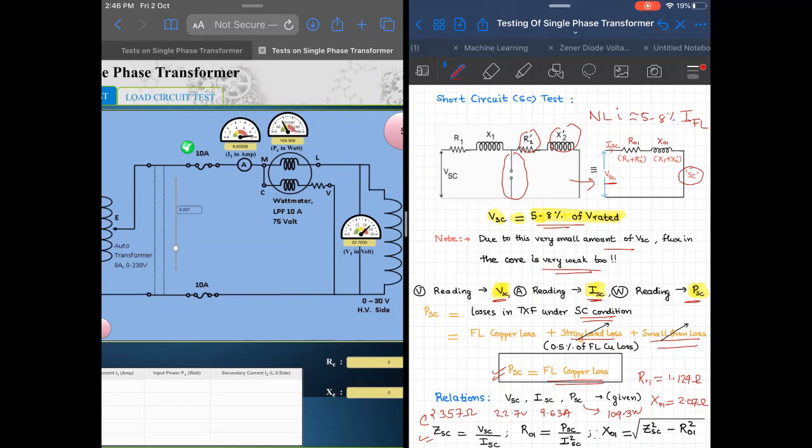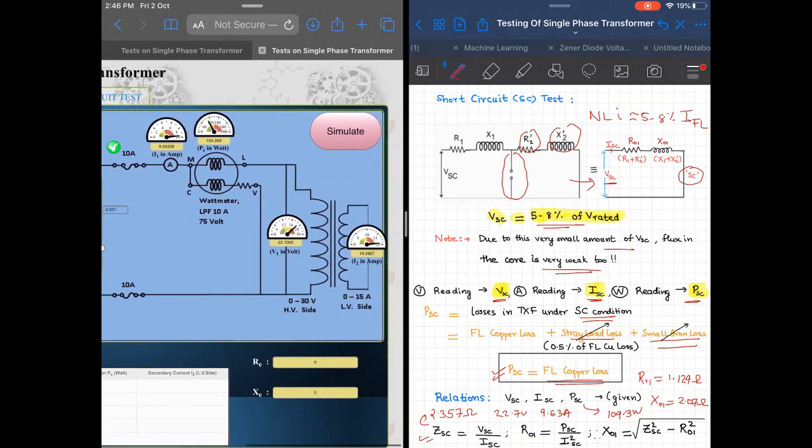Now to confirm your calculations, you can click on simulate. You observe that you get almost the same values as calculated here. So hence we have completed the short circuit test also. Thank you.